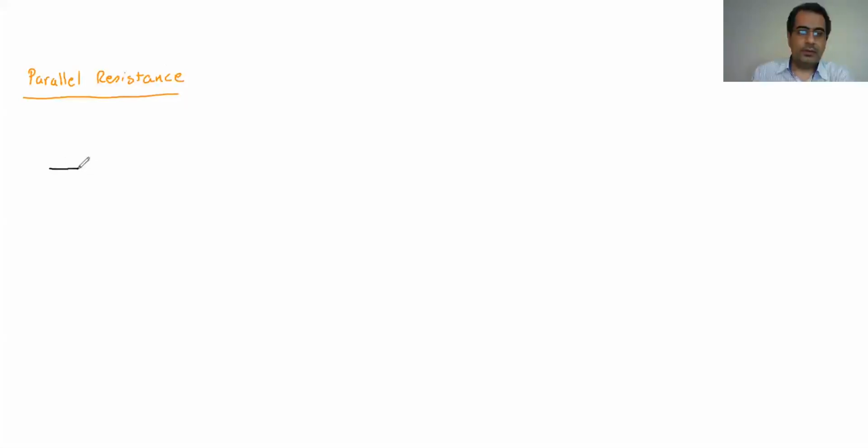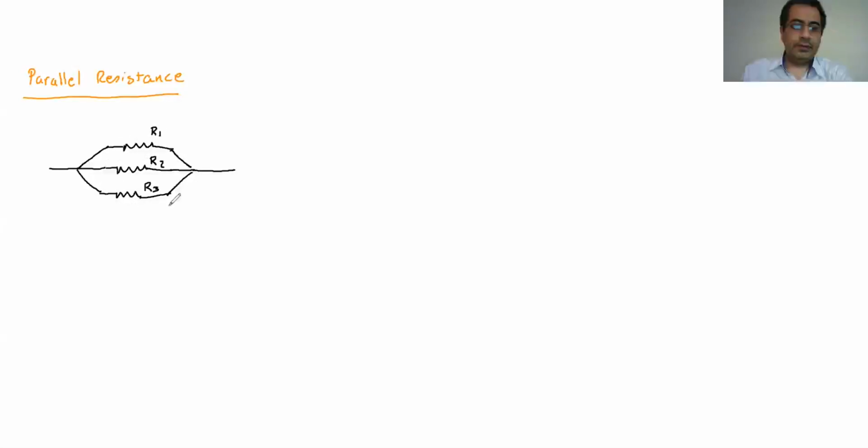So if I have three resistors like that, this resistor R1, R2, and R3, if the first end of all three are connected together, and the second end of all these three are also connected together, then they are in parallel, in parallel format.